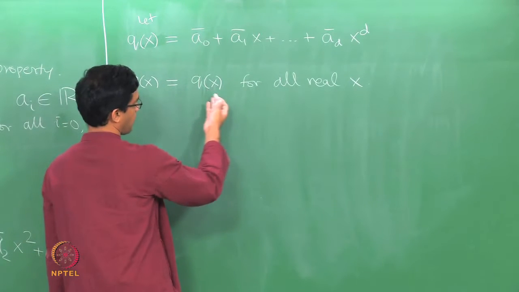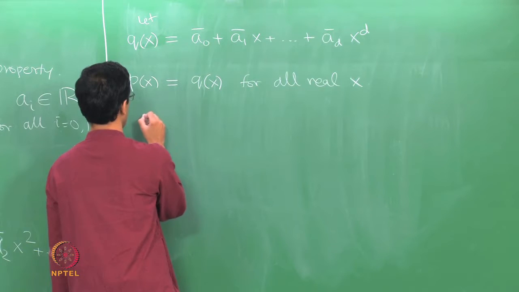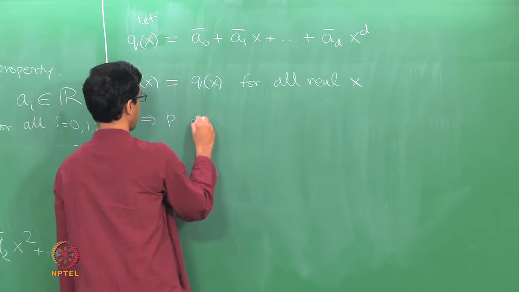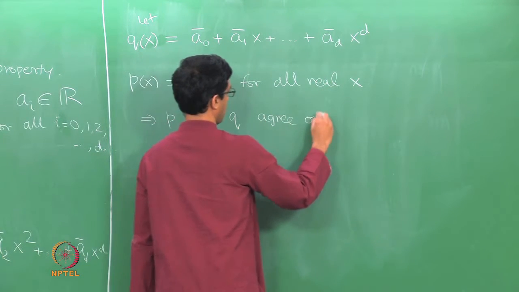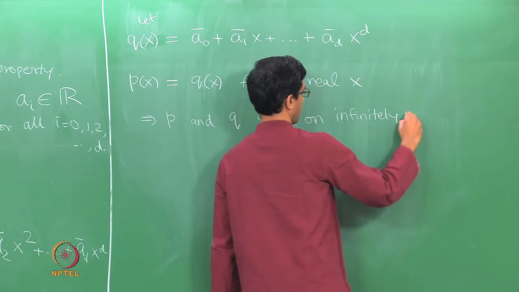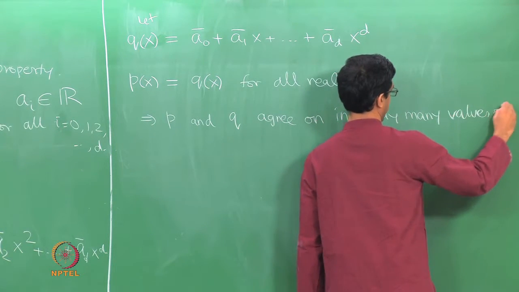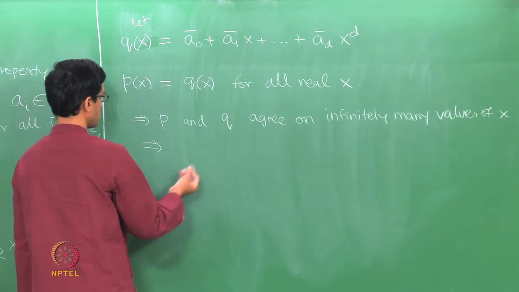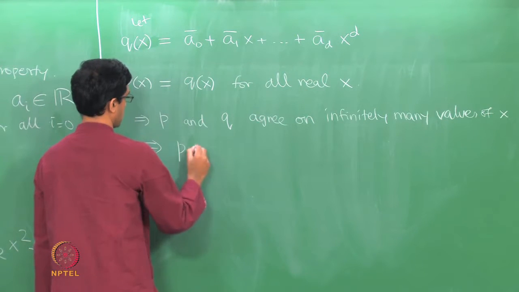So agreeing on infinitely many points will mean they surely agree on d plus 1 points. So the polynomials p and q agree on infinitely many points, on all real numbers, and since they have degree at most d, this means that p and q are exactly the same polynomial. So p equals q.